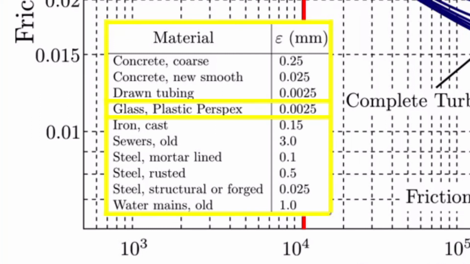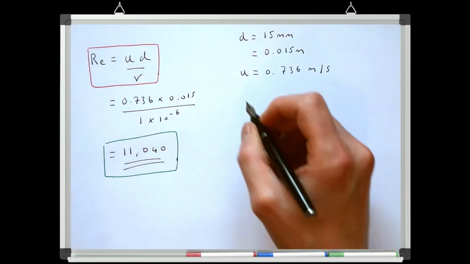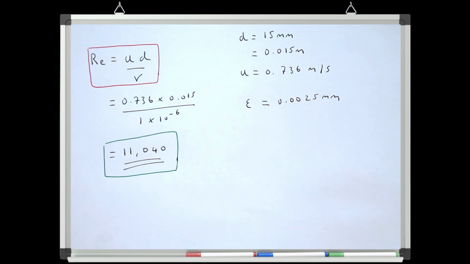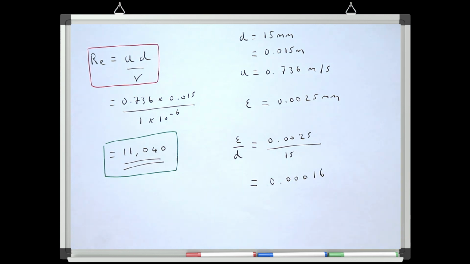Our pipe is perspex, so it has a roughness of 0.0025 millimetres. So if we divide the roughness by the pipe diameter in millimetres, this gives us a relative roughness of 0.00016.